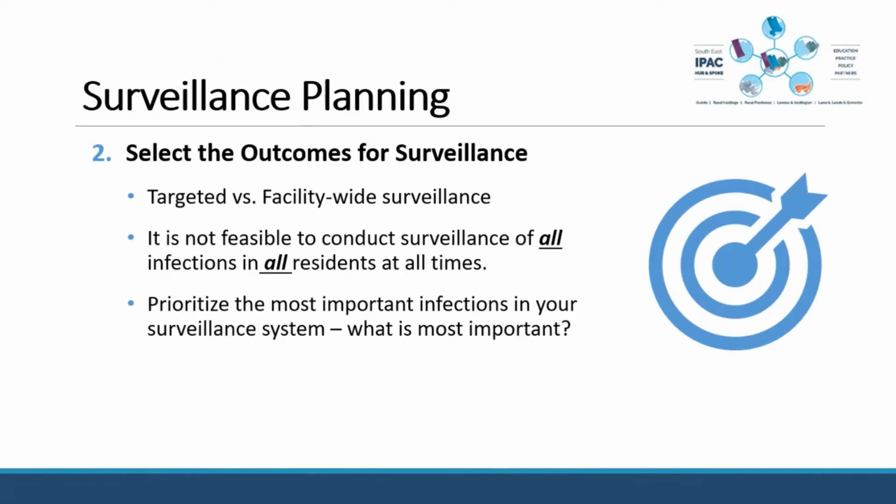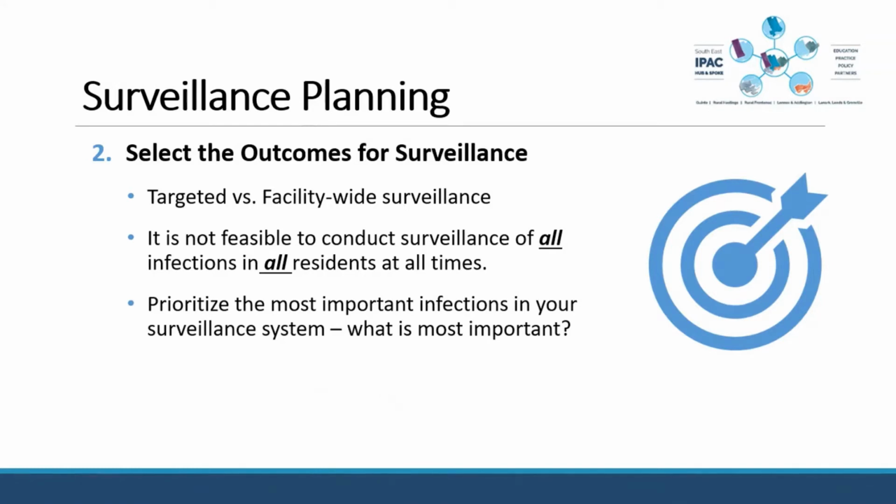So the next step in the surveillance planning is to select the outcomes for surveillance. The first one is facility-wide surveillance, and that is conducting surveillance of all infections in all residents at all times. Facility-wide surveillance of all infections is not recommended in healthcare settings. It is not feasible to conduct surveillance of all infections in all residents at all times, as this would not be an effective use of time and resources.